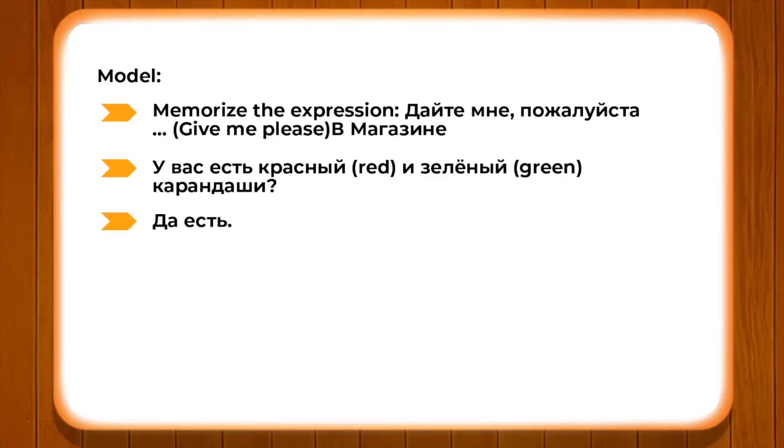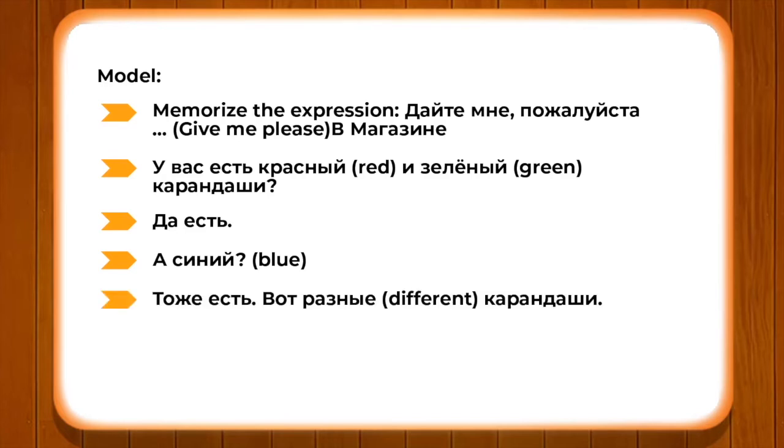Yes, I do have, or yes, we have, or simply saying yes, да есть. А синий и голубой тоже есть, also have. Вот разные. When we use the expression разные it means different. Вот разные карандаши. And here are the different pencils. Of course, different colors of pencils, or pencils in different colors.